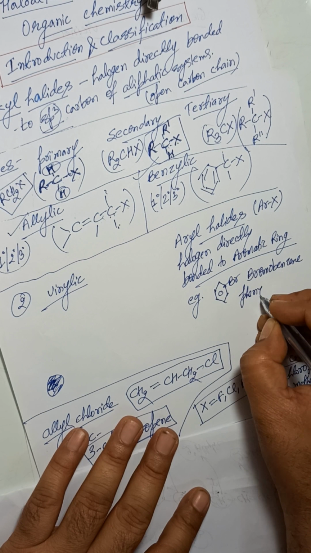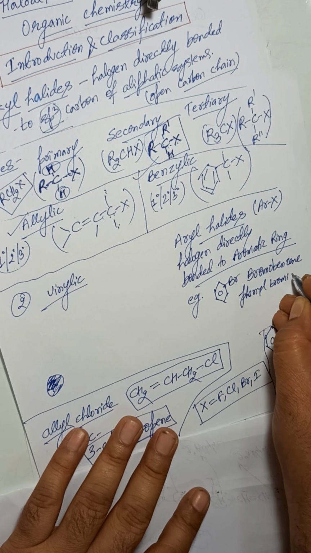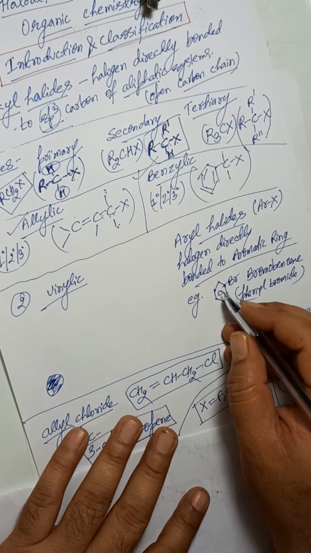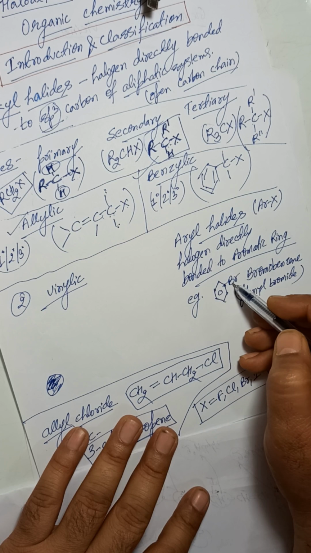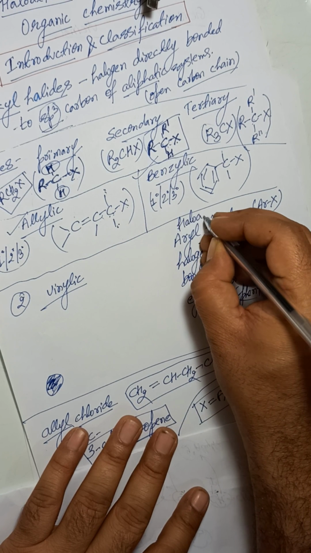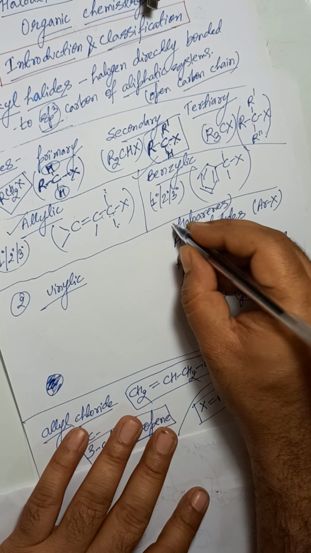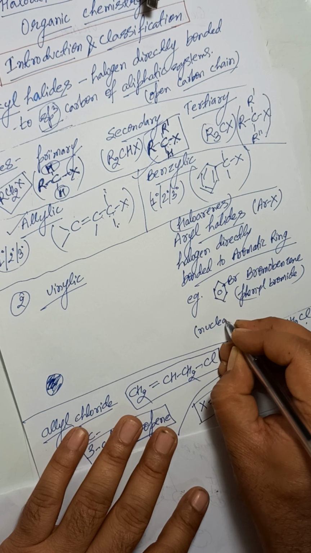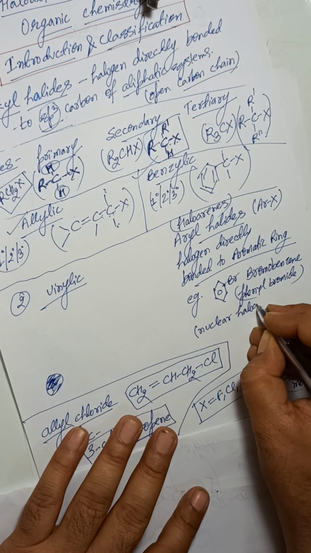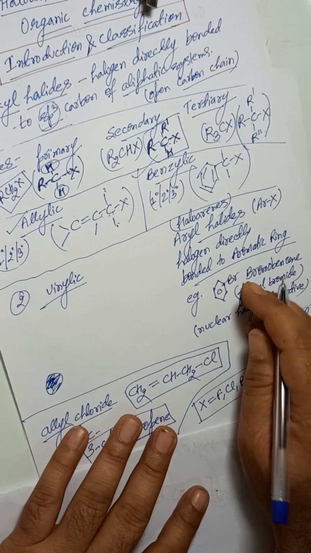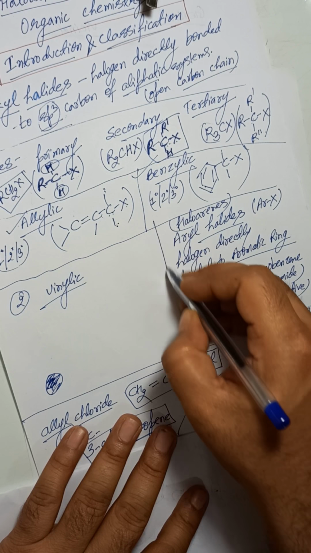That is phenyl bromide, the common name. Since the halogen is directly attached to the aromatic ring, they are called aryl halides, and the IUPAC name is haloarenes. They are also called nuclear halogen derivatives. You can guess why: because they are directly attached to the benzene nucleus.